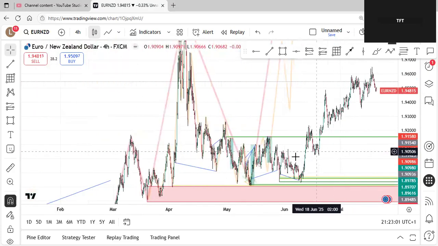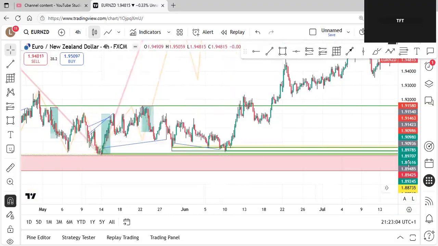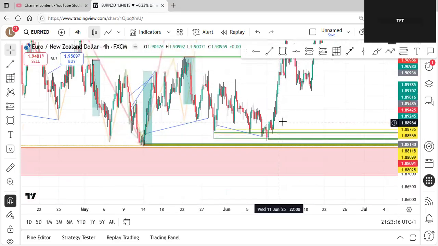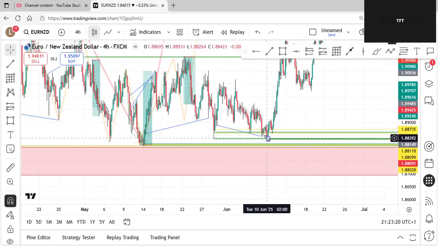But yeah, I've got that wick me out, and then I'm just a tad lower than where I had my order. Yeah, so liquidity. We can use it as a tool, because I didn't spot this, but if I had, I would have been thinking, yeah, we're on the money.